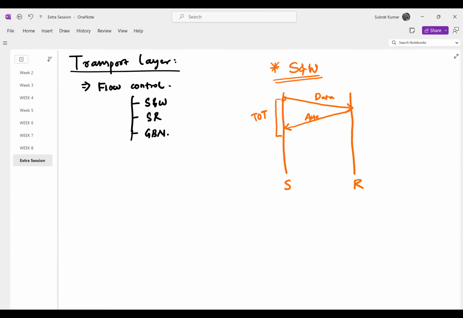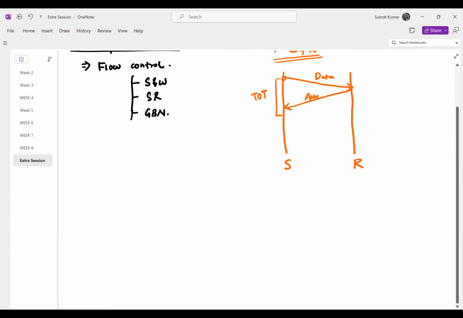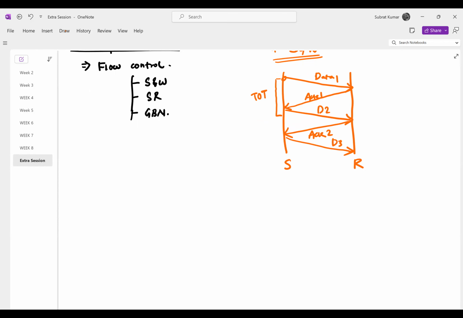If the receiver receives the data and sends the acknowledgement, the sender sends the next data: data 1, acknowledgement 1, data 2, acknowledgement 2. It's a stop and wait protocol. It will only send the data once it receives the acknowledgement.